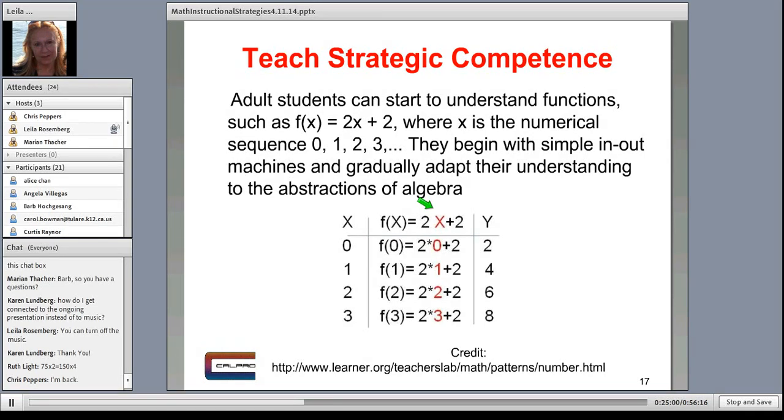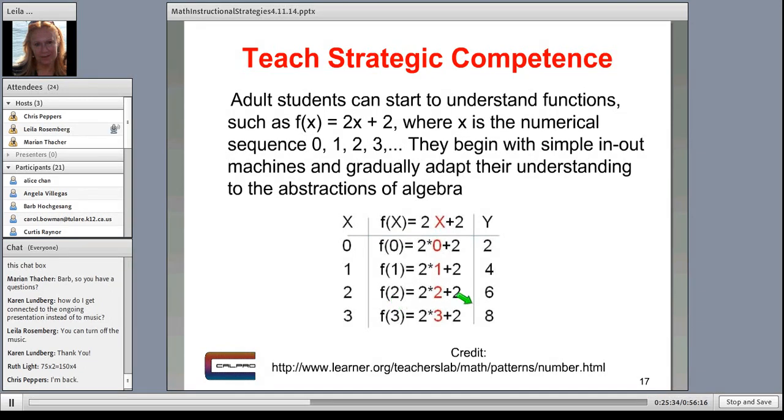So when x is 0, you substitute x for 0, so 2 times 0 is 0, plus 2, and y is 2. When x is 1, I substitute the x for 1, 2 times 1 is 2, plus 2, y is 4. When x is 2, 2 times 2 is 4, plus 2 is 6. When x is 3, 2 times 3 is 6, plus 2, and y is 8.